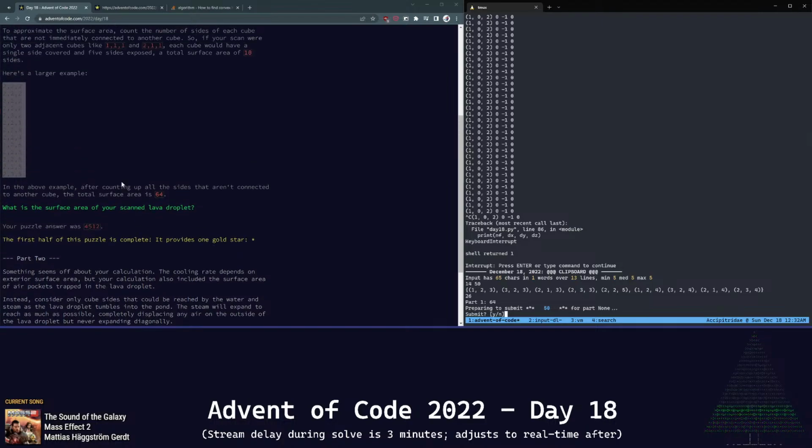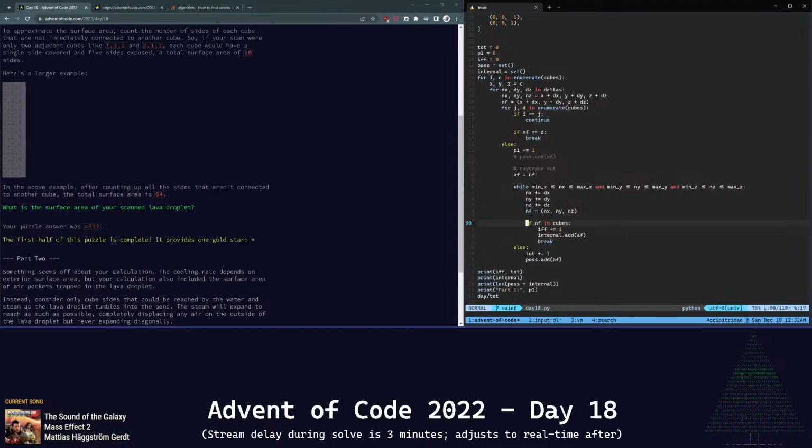Like, why are these faces being detected? We're doing this once per face. Oh wait, no, yeah. We've broken out of the for loop over cubes, and then we try to ray trace out, continuing on backward.